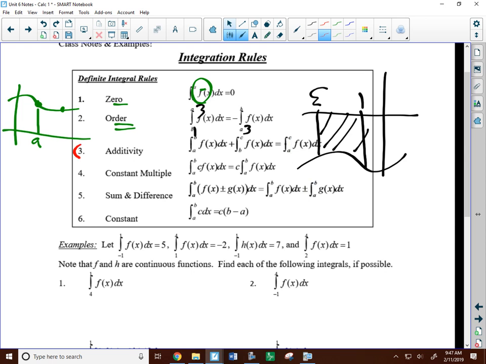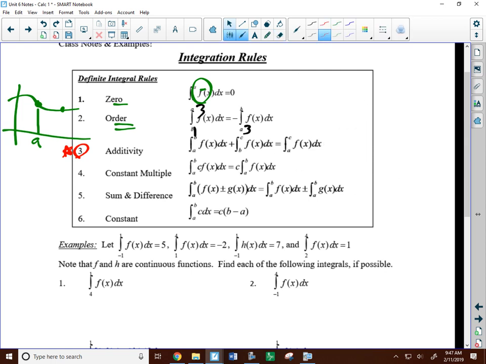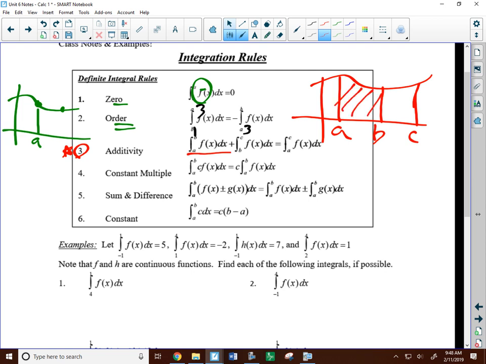This next one I think is the funnest and maybe the most important one. Additivity. Additivity property. This one is going to make sense too. Okay, here's A, B, and C. It just says if I have the area under the curve from A to B, right there, plus the area of the curve from B to C, wouldn't that equal the area of the curve from A to C?